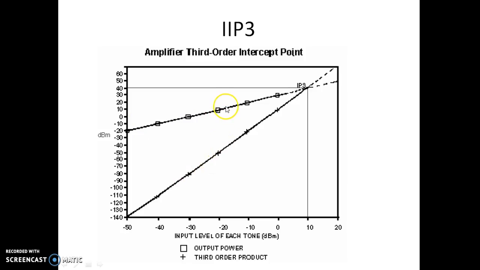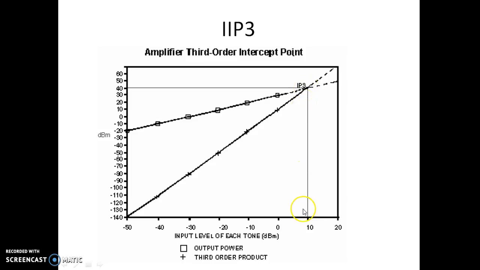Where do the fundamental and the third harmonic meet? This is the intercept point of the fundamental and the third harmonic; they are meeting here. The corresponding input power, where the output of the fundamental and the output of the third harmonic coincide, is nothing but the input intercept point.